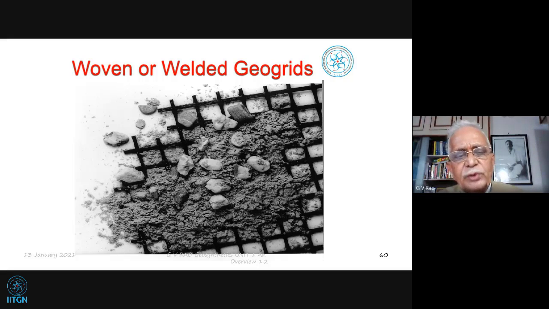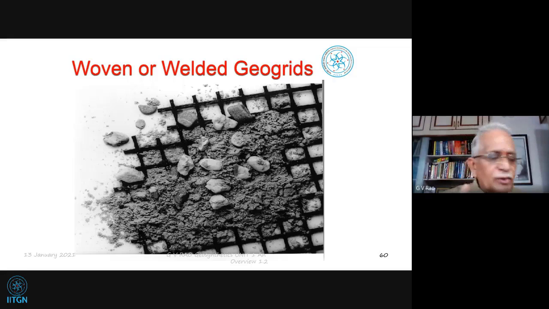So a number of strips like this, but coming in a weaving system. It's like a net basically. The strips are fewer here and more here, which means this is a kind of uniaxial grid. Whereas the cross strips in the cross-machine direction, naturally you can see they are very small in size. Obviously the strength is very small, so you can say it is uniaxial.